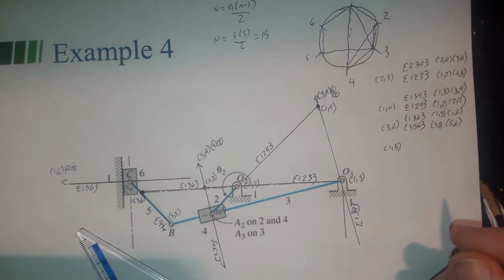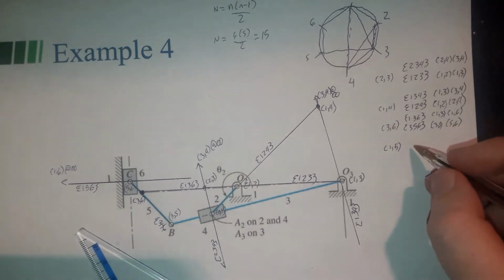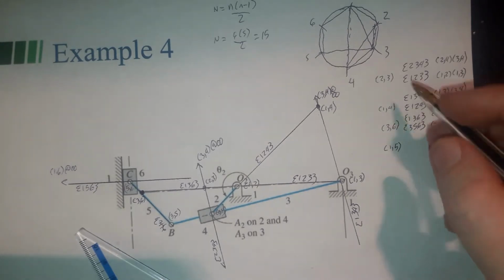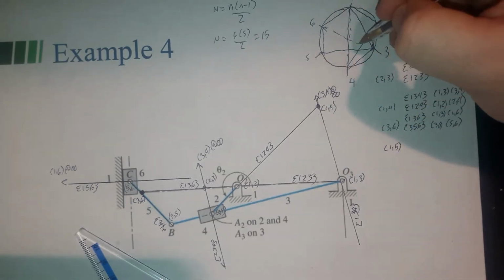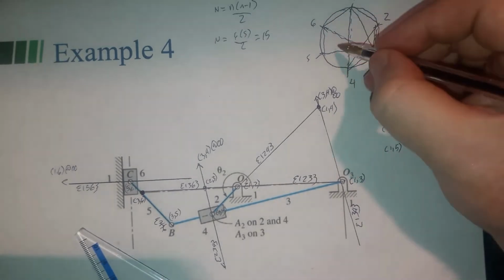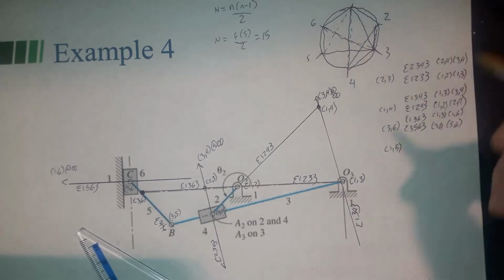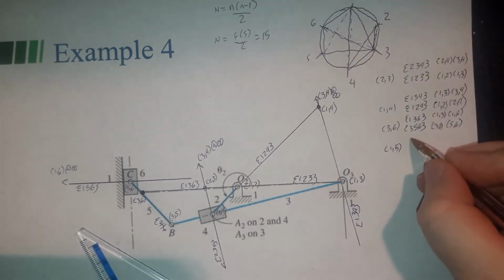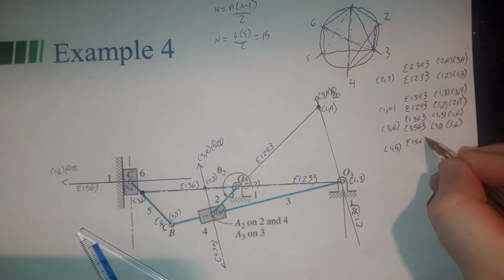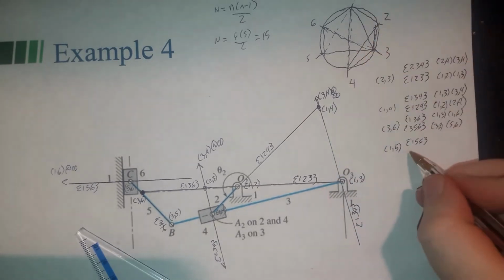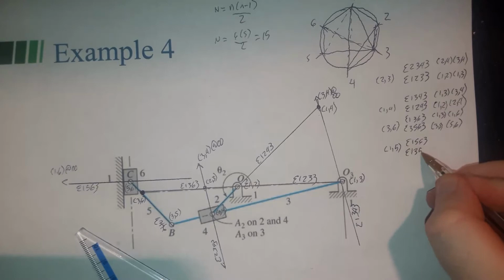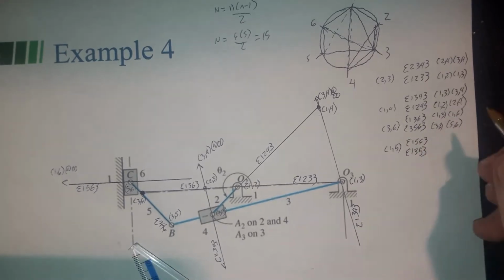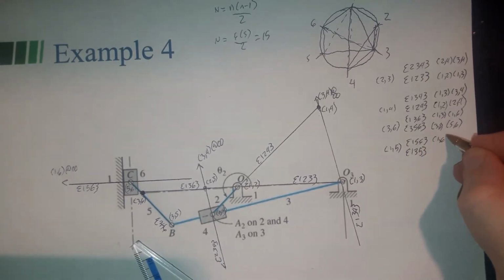All right, let's take a look at instant center 1, 5. And so I just found 3, 6. Now we're going to work on 1, 5. And so I have line 1, 5, 6 and line 1, 3, 5. And 1, 5, 6 I make with 1, 6 and 5, 6.